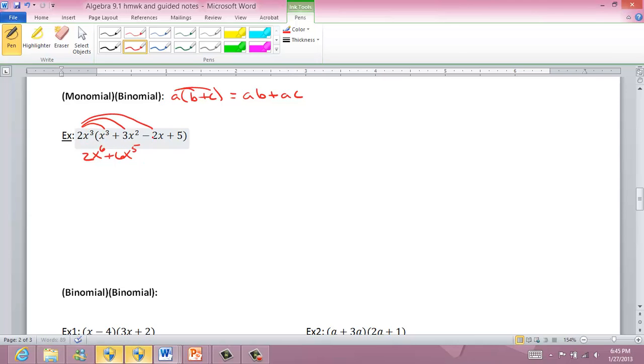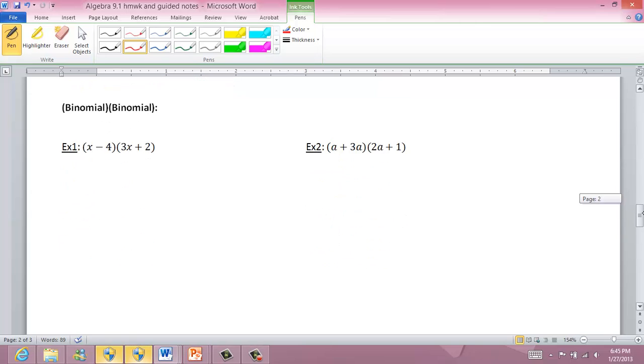Next, 2 times negative 2 is negative 4, so we subtract it. x to the third times x would be x to the 3 plus 1, which is x to the fourth. And then we have 2 times 5 is positive 10, x to the third. Once we distribute, we look: are there any like terms we can combine? Nope. So that's our final answer, written in standard form, in descending order by degree.